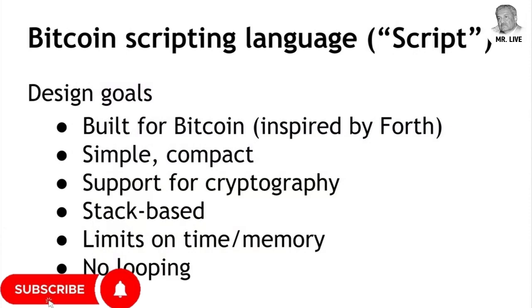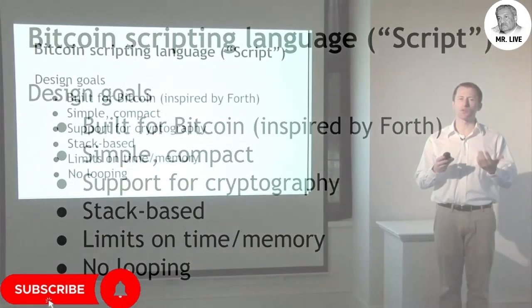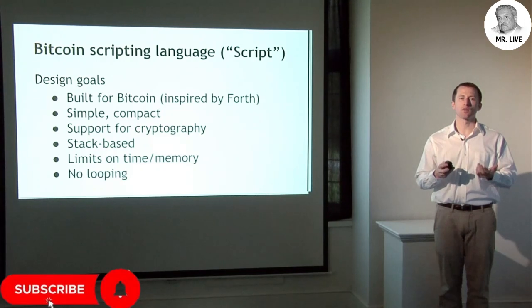So where did this scripting language come from? It doesn't really have a proper name. It's just called script, or the Bitcoin scripting language, and it was built specifically for Bitcoin. It was probably most inspired by a language called Forth, which is an old stack-based simple programming language. But you don't need to understand Forth to understand Bitcoin scripting.